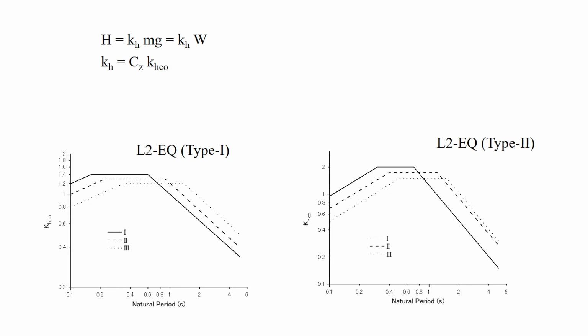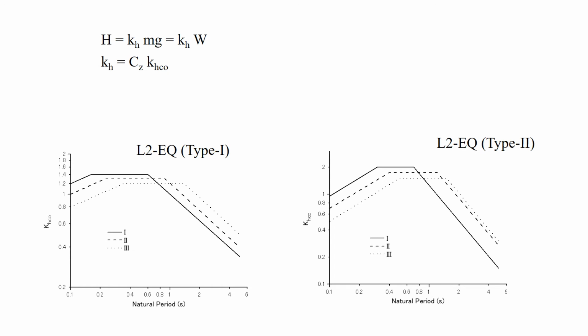These graphs show KHC0, the standard seismic coefficient for L2 earthquake, type 1 and type 2. There are 3 lines which are used for 3 ground classes. KHC0 for L2 earthquake is much larger than that for L1 earthquake.